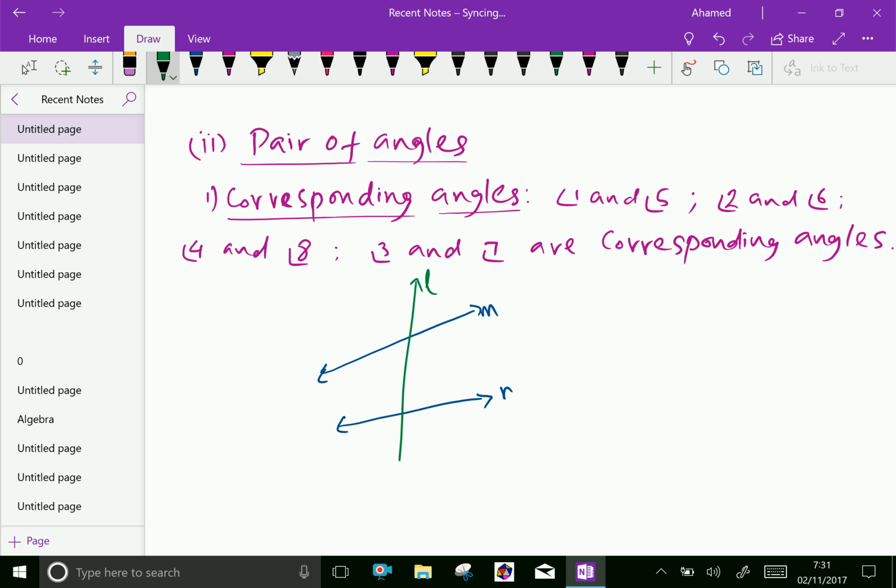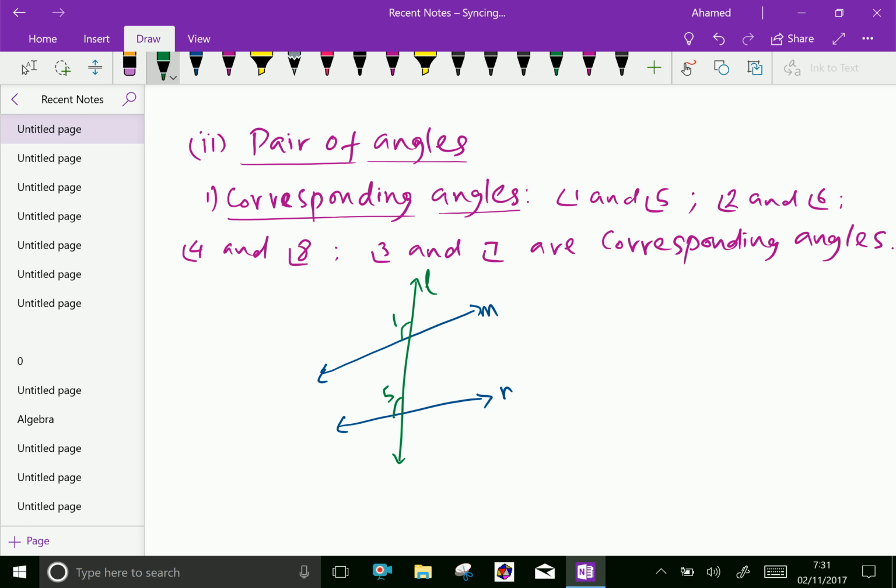Suppose angle 1 corresponds to angle 5, which means the position of both angles is in the same manner. Angle 1 is above the line M and on the left side of the transversal. Angle 5 is also above the second line and on the left side of the transversal, so they are corresponding angles.